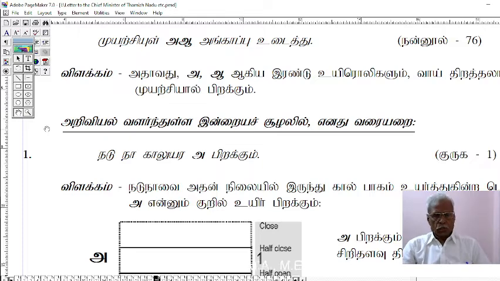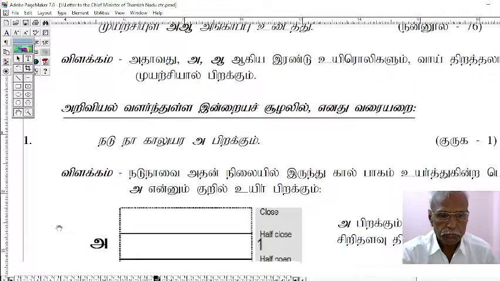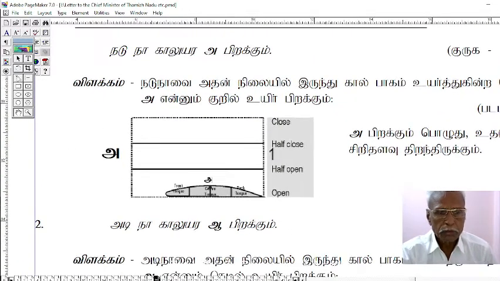Dear teachers and students, now let us see how these 10 phonemes are produced. See, the short vowel phoneme A is produced by raising the center of the tongue to 1/4 of the height.